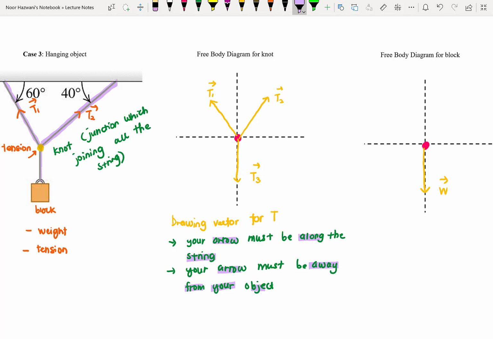So if it is away from the object, it means T3 this time should be pointing upward. Okay, so this is your T3. So we are done for case number 3.